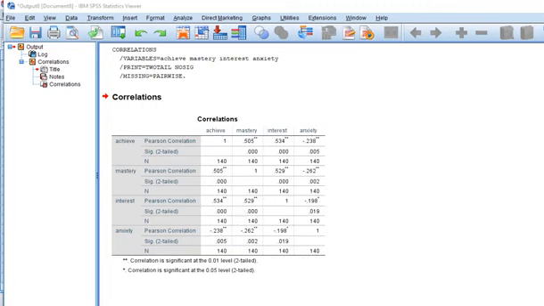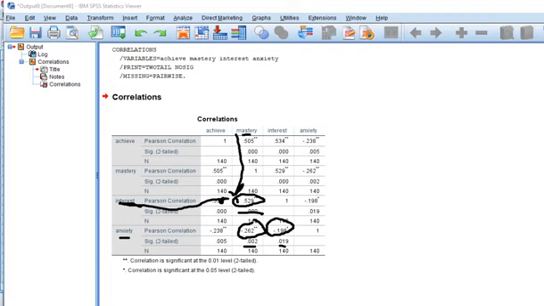Mastery is correlated with interest at 0.529. Mastery is correlated with anxiety at negative 0.262. Both of those, assuming a two-tailed test, are statistically significant. Then we have interest and anxiety, and there's a negative correlation there as well.